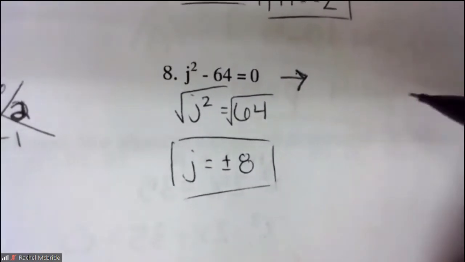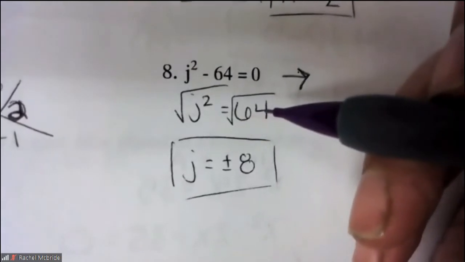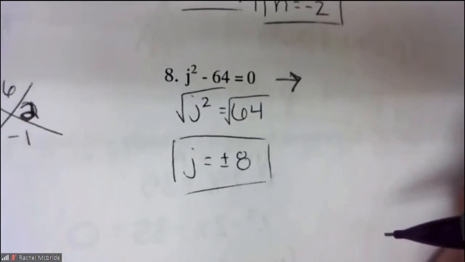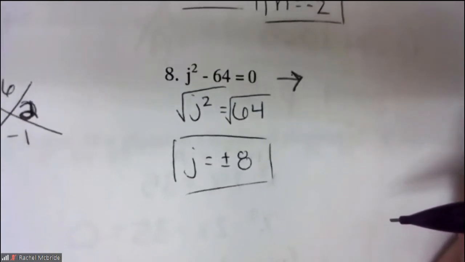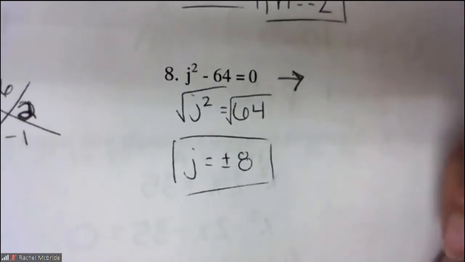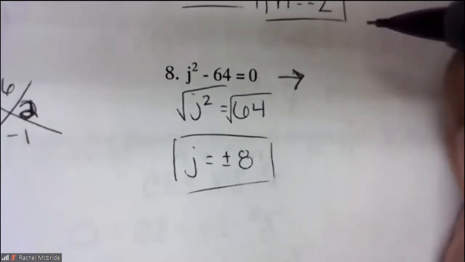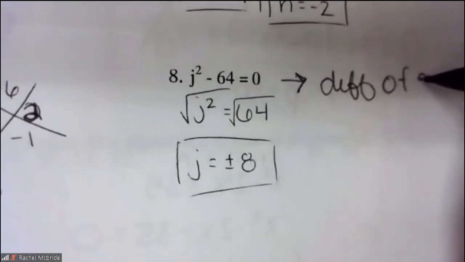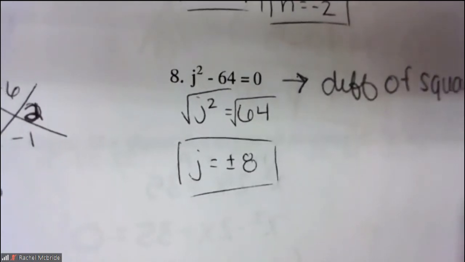All right, if you didn't do the square root technique, what type of problem is this? Does anybody know j squared minus 64 is also a special type of problem? Perfect. All right, Ryan, if you come up here, off the hook now too. We got difference of squares.